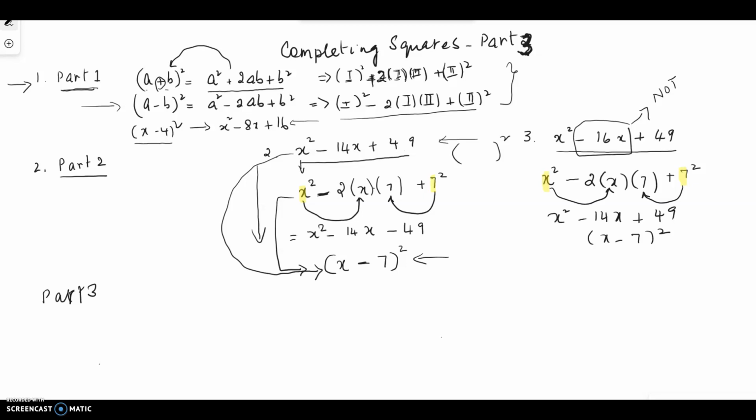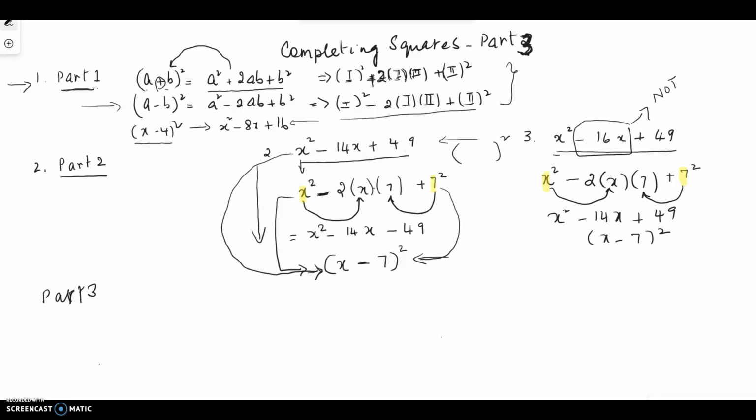In part 2, what we did was we were given a quadratic expression and we learned how to change that, if possible, to a whole squared. So if it was a perfect square, we were able to write it as, in this case, (x minus 7) the whole squared.